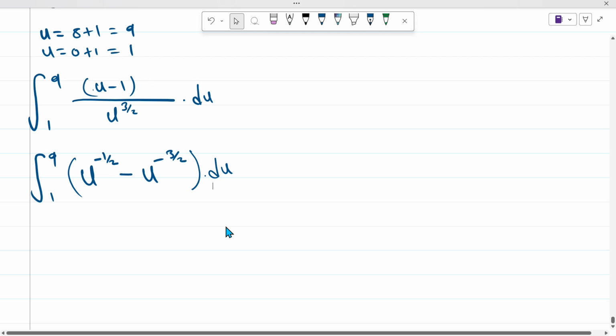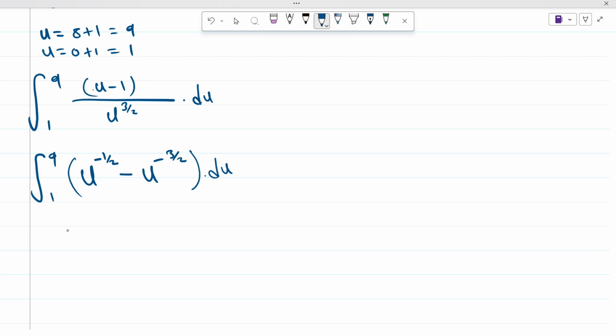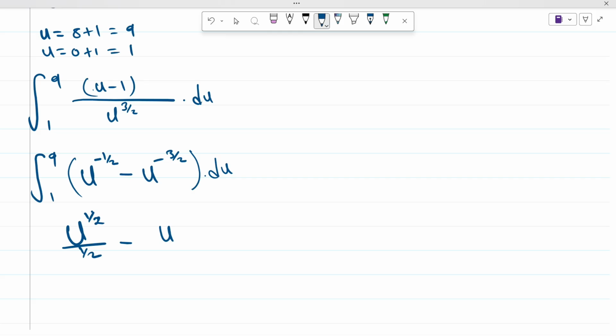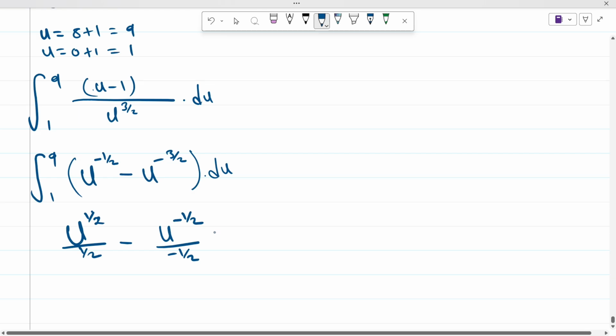So let's integrate. When we integrate, this is going to be u to the power negative half plus 1, which gives us positive half, divided by positive half, minus, and then u to the power minus 3 over 2 plus 1 gives us negative half, divided by negative half.